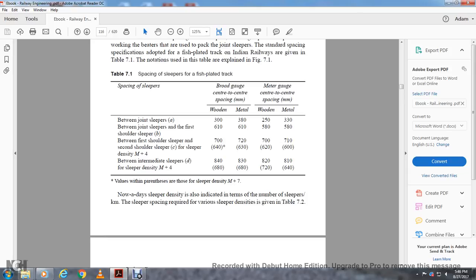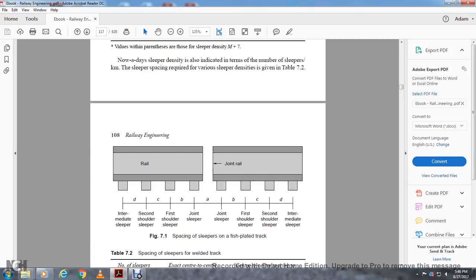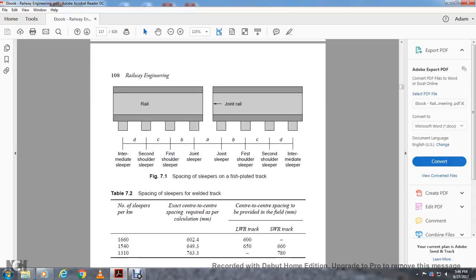The sleeper density indicates the number of sleepers, and the spacing varying with sleeper density is given in Table 7.2. Table 7.1 shows the spacing of the sleepers on fish-plated track: the joint sleeper, fish plate, first shoulder sleeper, second shoulder sleeper, intermediate sleeper, joint and rail.